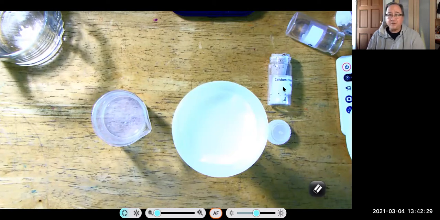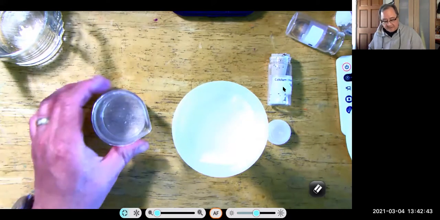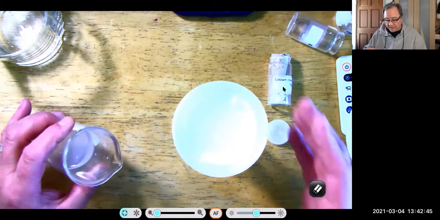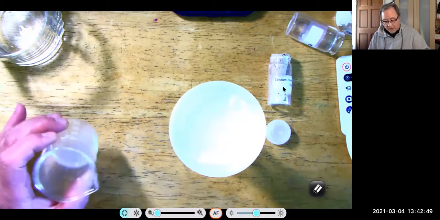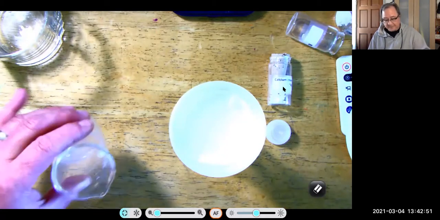So if there are 20 drops in a milliliter, it would take you about 20 seconds to filter 1 milliliter. It would take you about a minute to filter 3 milliliters. And I guarantee the amount of water I used for all of this exceeds 10 milliliters. So this is going to take a while to filter.